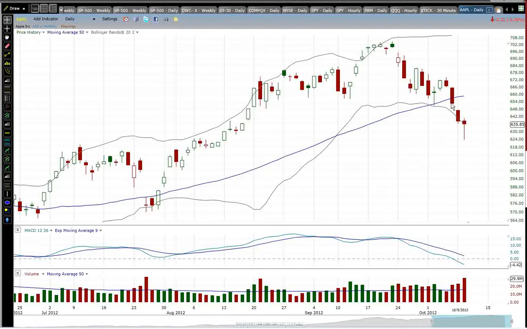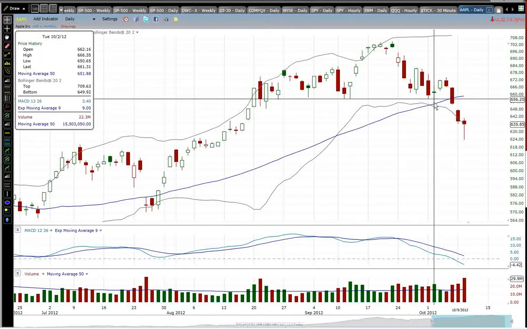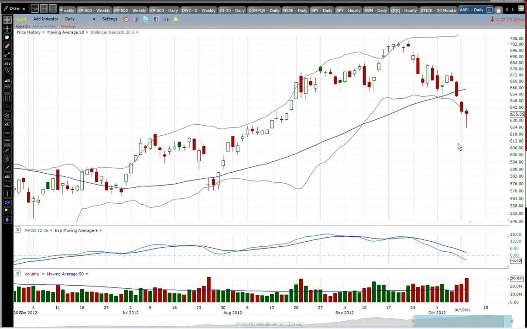Not surprisingly, the way these work, it gapped down the next day, and then we've since seen a 2-day sell-off here. And I mentioned that once this prior low, that test of the average, once that fails and the market moves to a new low, a lot of times you can see a relatively fast decline. And we did see that the last couple of days here, though it's been pretty short-lived.